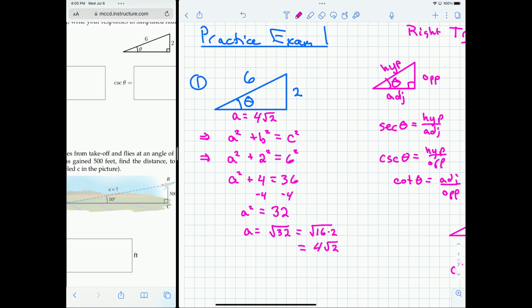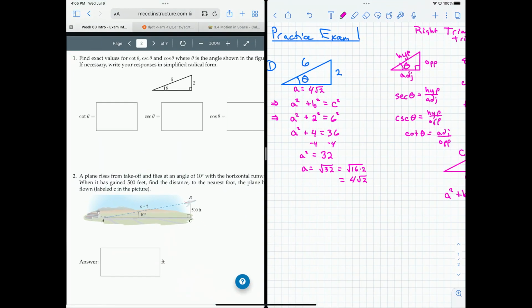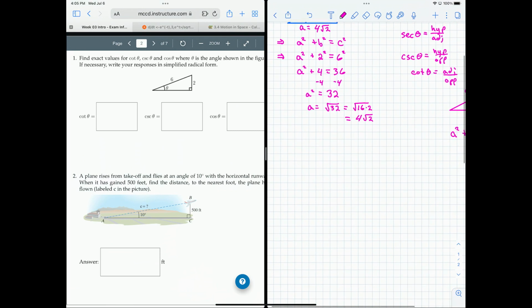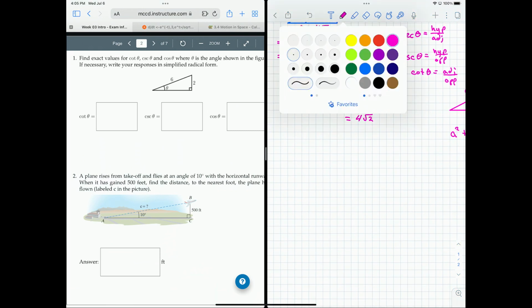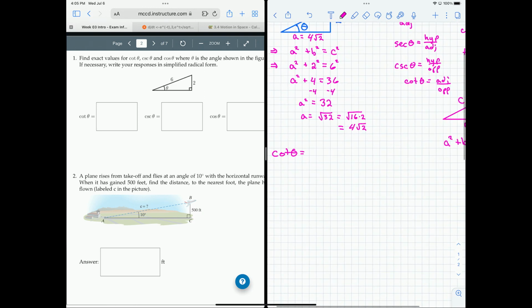Now, once we have that side, we should easily be able to find the cotangent, the cosecant, and the cosine, right? So we'll just do these in whatever order. I guess it doesn't really matter. So the cotangent of theta is, according to the definition, the adjacent side over the opposite, right? I'm just looking right here.